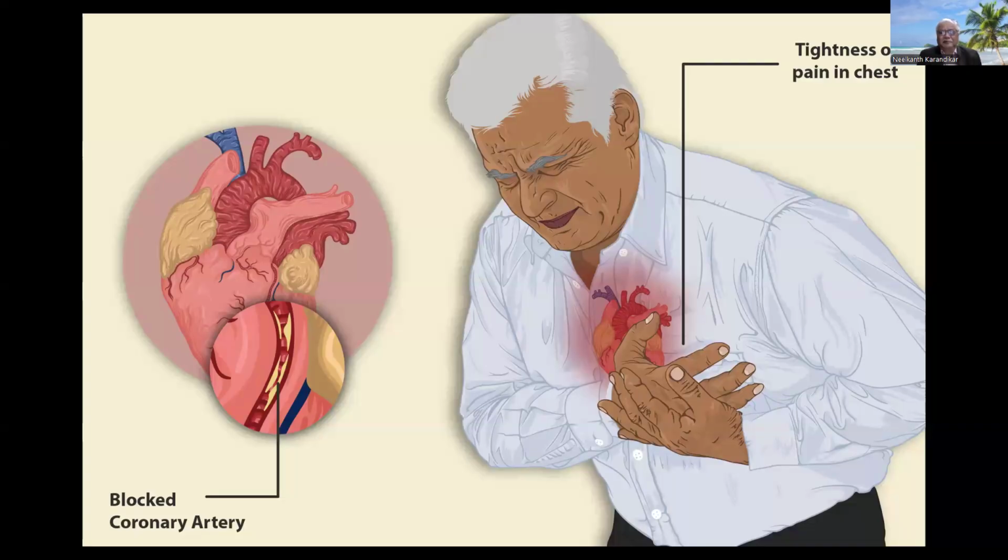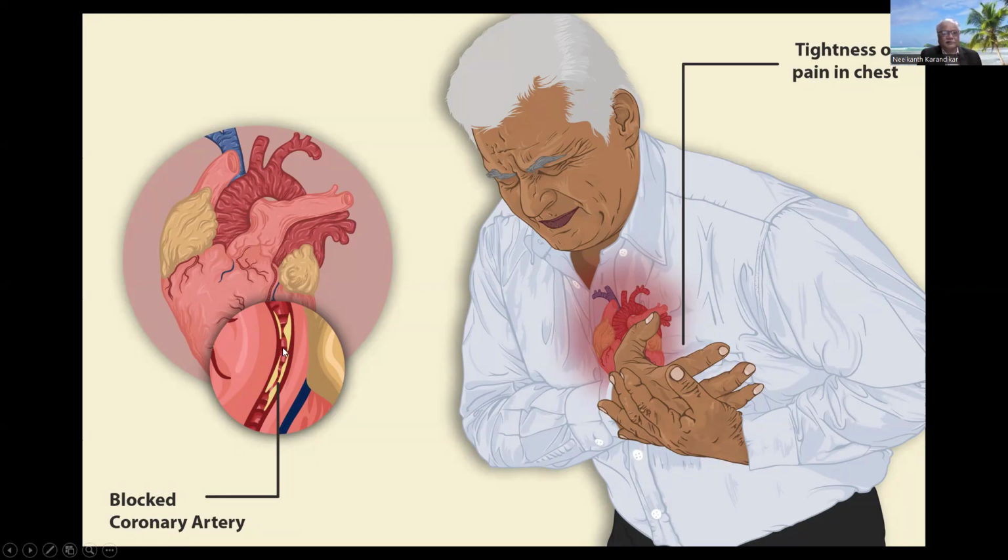Now, in our previous session, we discussed in detail what angina is: the chest pain, chest discomfort, tightness or pain in the chest, which suggests that the arteries supplying blood to the heart, called coronary arteries, have atherosclerotic blocks or plaques.